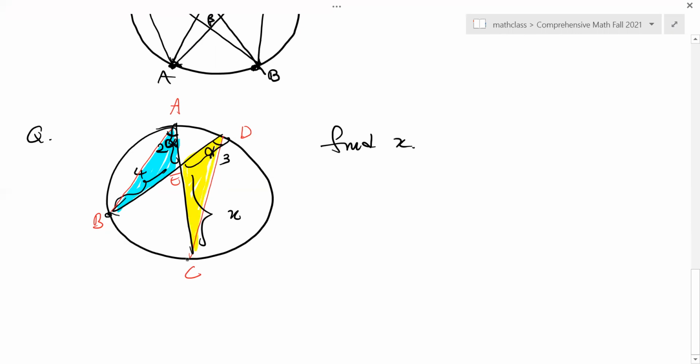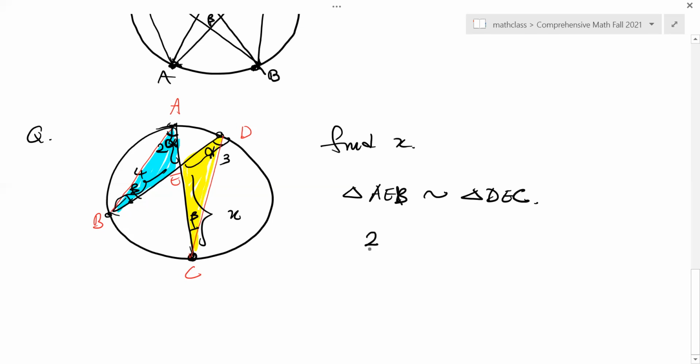Because they're coming from B and C. Similarly, if this is a beta and that is also beta, they both come from A and D. That means the triangle AEB is similar to the triangle DEC. D corresponds to A because of both alpha. So the ratio of the corresponding sides is going to be preserved.